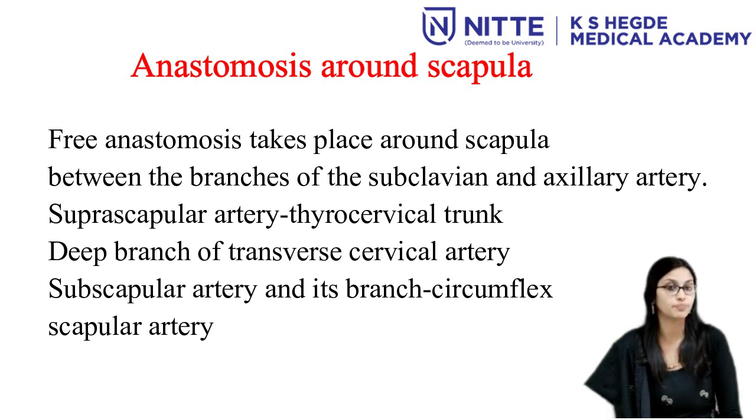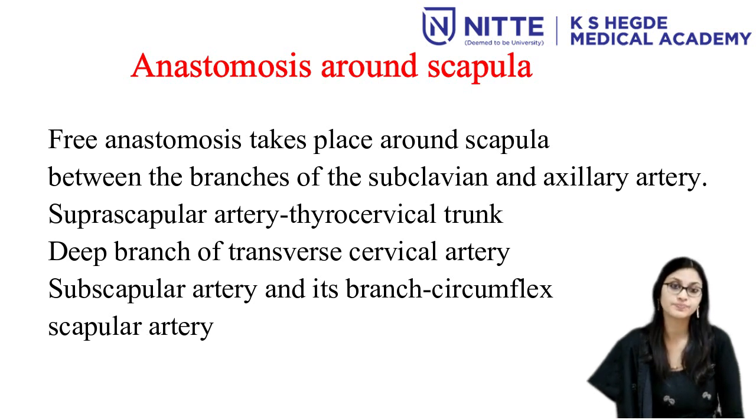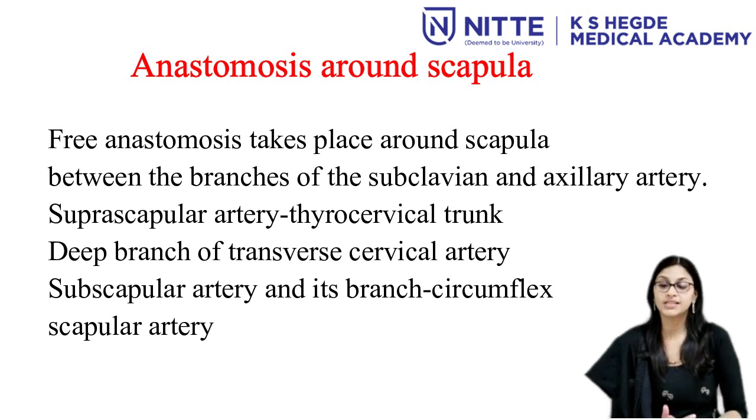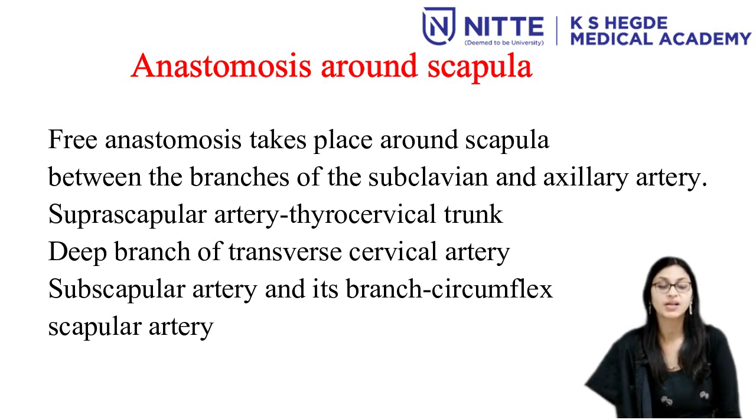Anastomosis around the scapula. After discussing the muscles and the nerves of the shoulder region, let's see what are the arteries that contribute to the anastomosis around the scapula. This free anastomosis takes place around the scapula between the branches of the subclavian artery and the axillary artery.